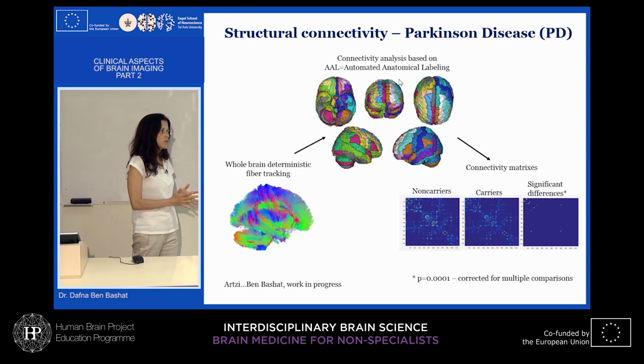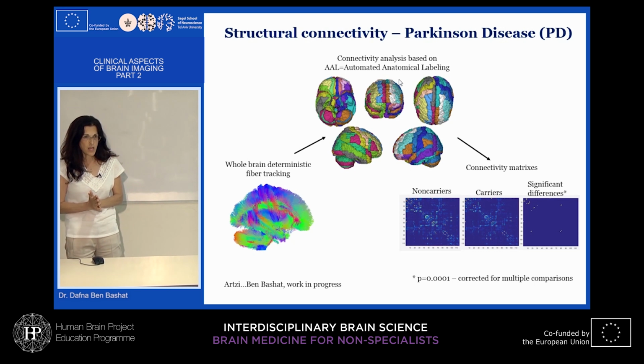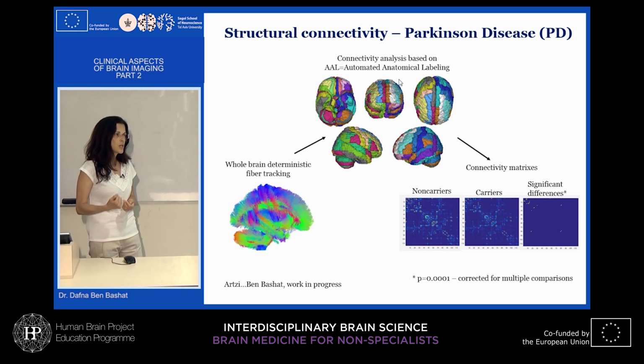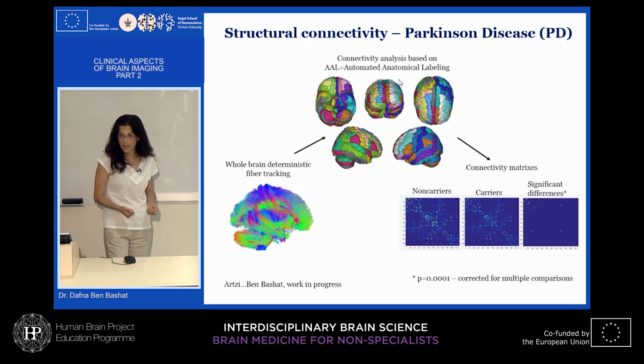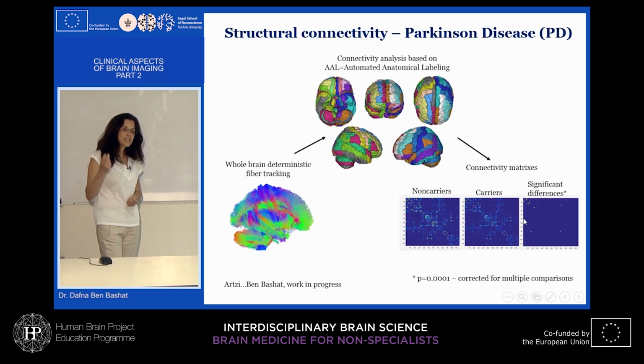So once we diagnose, the disease is already in a very advanced stage. So we do want to have this early diagnosis, especially for those that we know are genetic carriers. So what we took is a group of non-carriers and carriers, and we did find a specific area with differences.